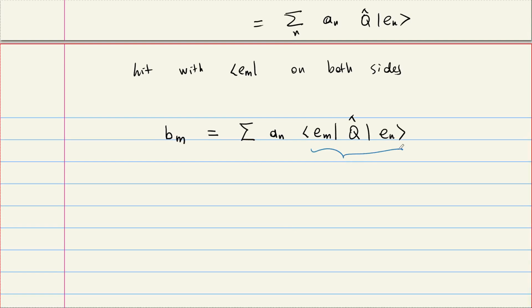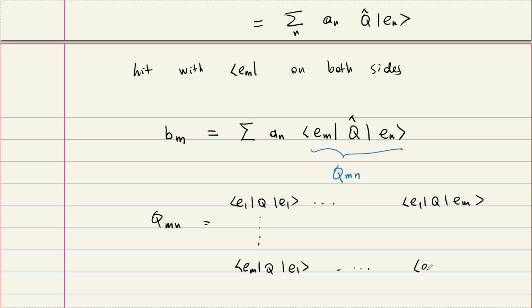Let's call this Q_mn, and Q_mn is defined by <e_1|Q|e_1>, ..., <e_1|Q|e_m>, ..., <e_m|Q|e_1>, ..., <e_m|Q|e_m>.